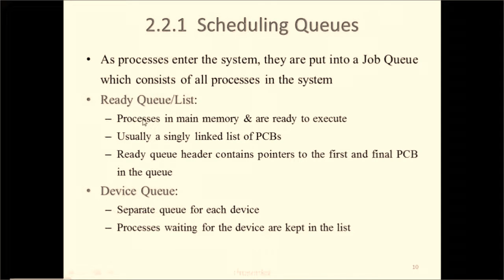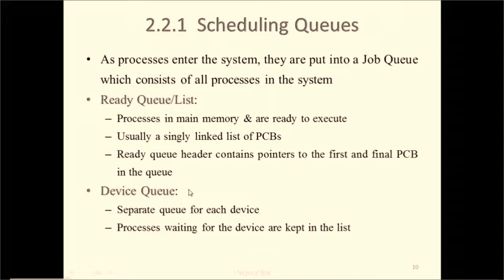This typically contains processes in main memory that are ready to execute, as we have seen already. This is usually a singly linked list of PCBs of all processes which are in the ready state. The ready queue header contains two pointers, one to the first in sequence and another to the last in sequence.